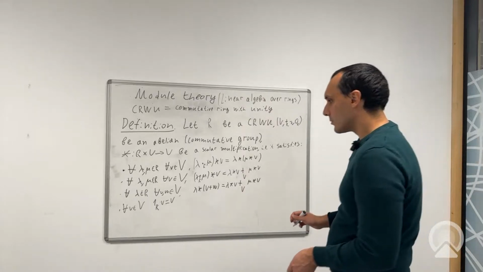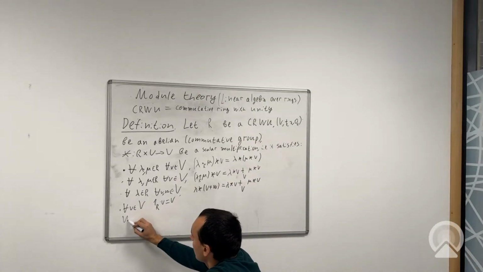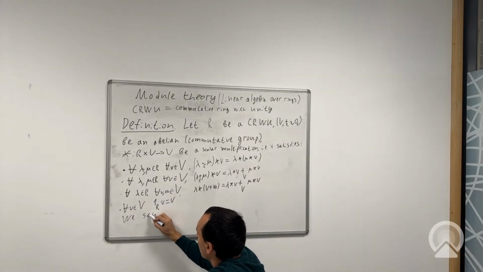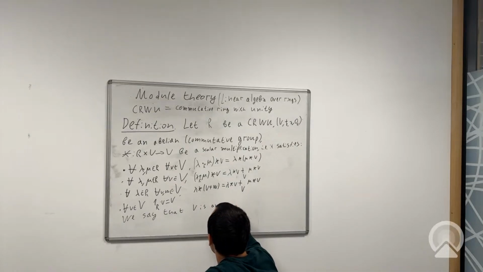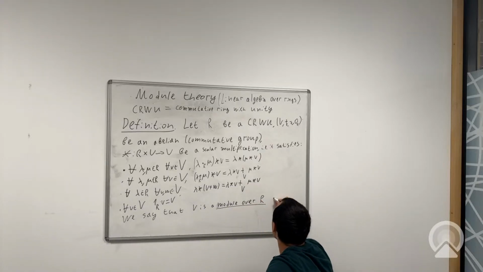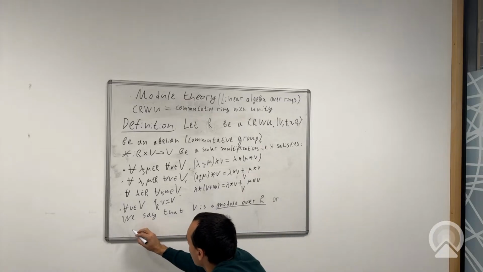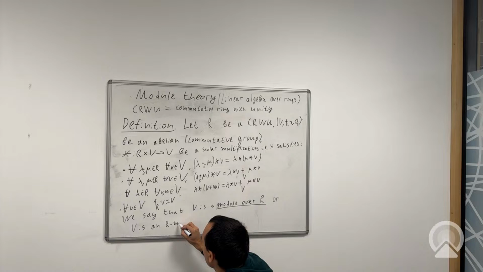And we say that V is a module over R, or V is an R module.